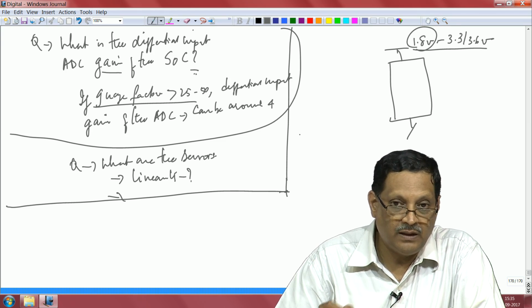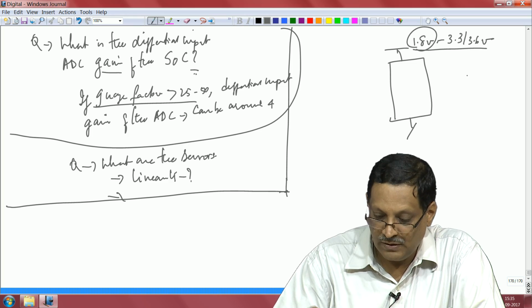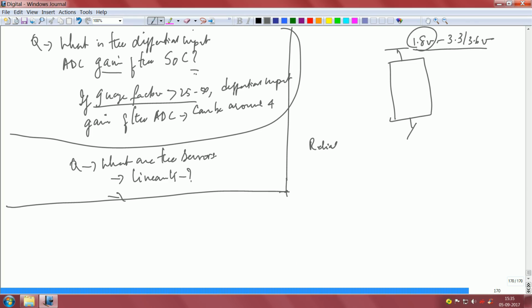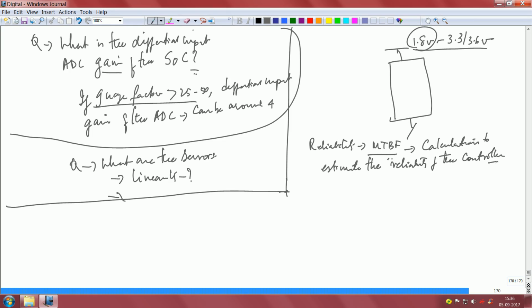There is a very important parameter which you will have to choose, and that is with respect to its reliability. You may have to look up the data sheets for the MTBF and use these MTBF in calculations to estimate the reliability of the controller. It is a topic by itself. I would not like to go into detail, but you must note that reliability of the component is an important thing.